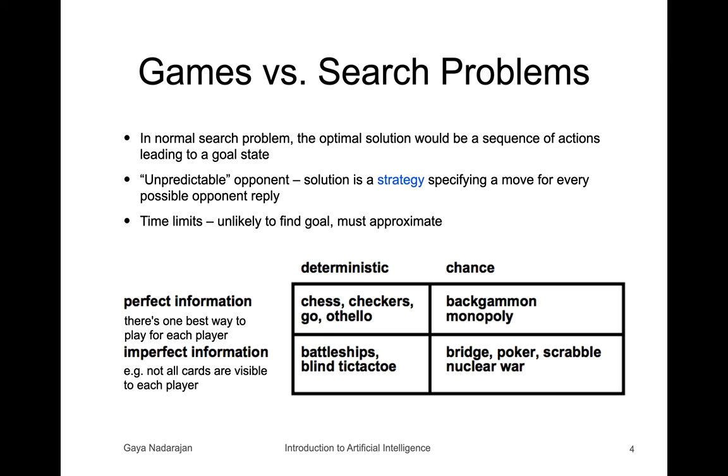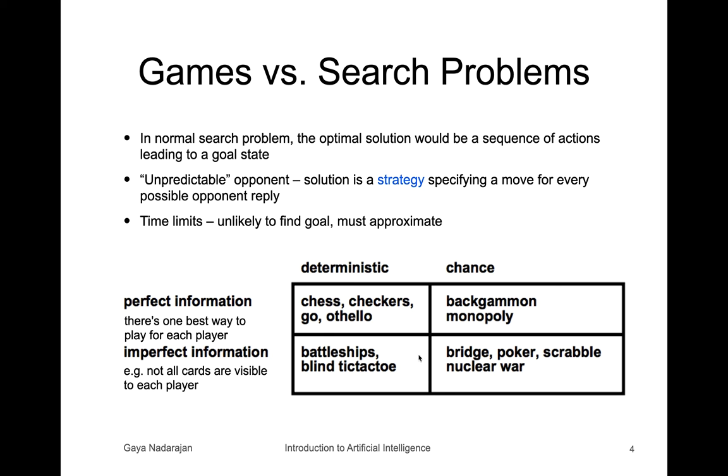Even though we did talk about time complexity and we did say that some of these algorithms were going to take too much time, we didn't really go into that. But in a game playing setting, we don't want to be spending too much time solving this, right? Because the opponent can't be waiting forever for you to make a move.